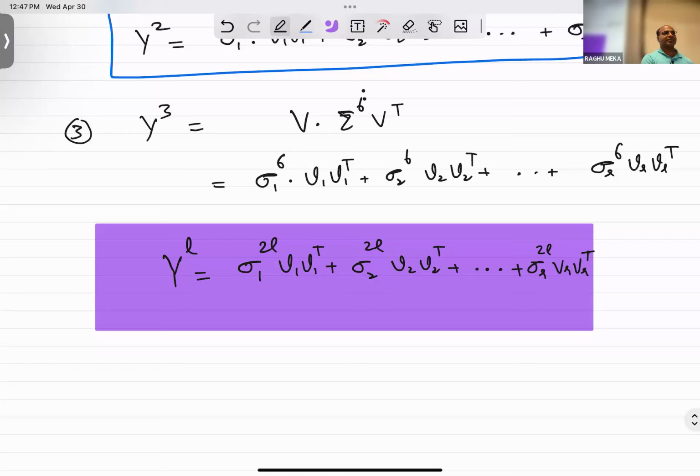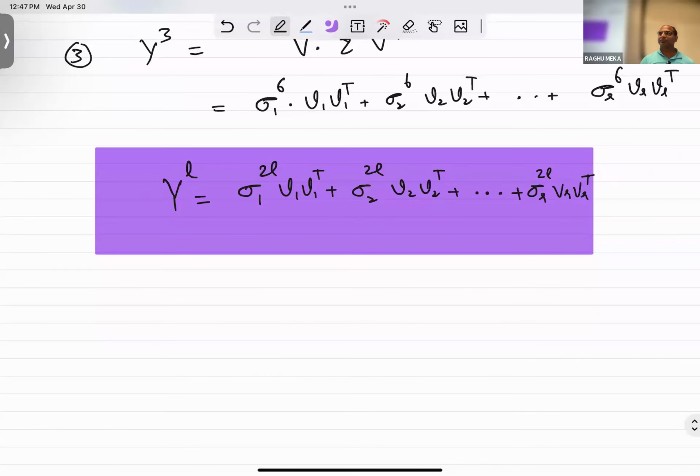Why? Any guesses? Exactly. Some intuition, just for scaling purposes: suppose sigma 1 is 1, and sigma 1 is the highest one, and let's say sigma 2 is 0.8, and the rest are all less than or equal to 0.8.